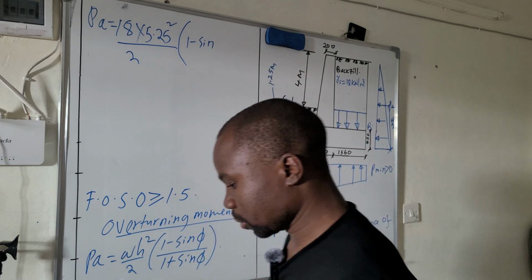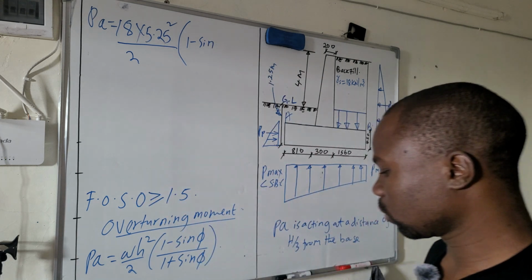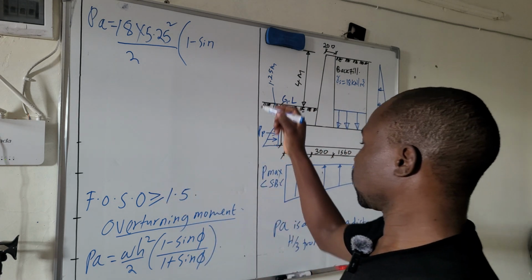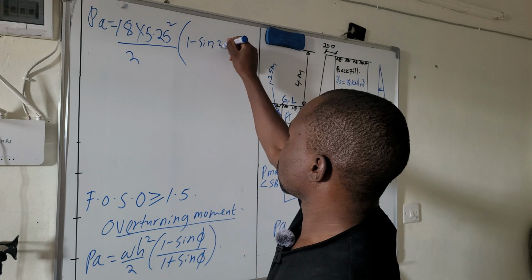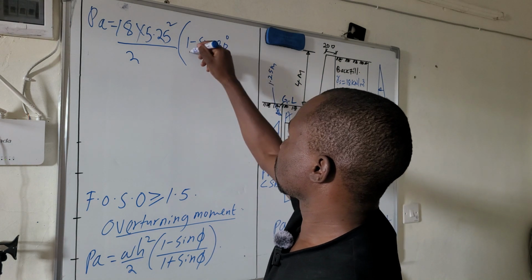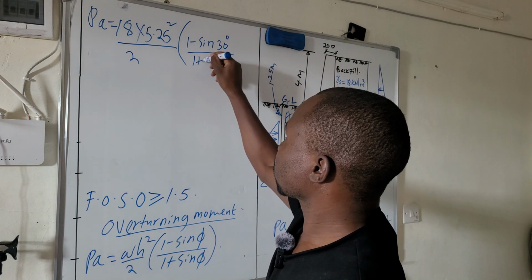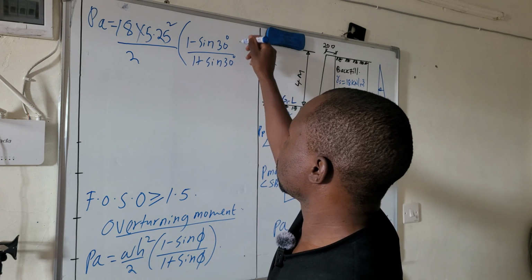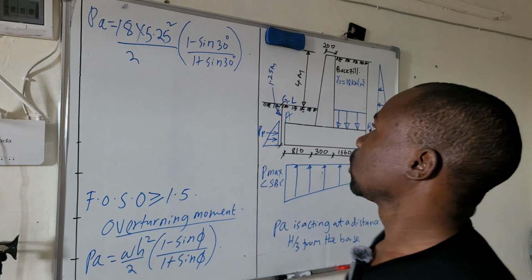So this is the angle of internal friction of the soil, which is 30 degrees, from the equation: sine 30 degrees over 1 plus sine 30 degrees, like that.